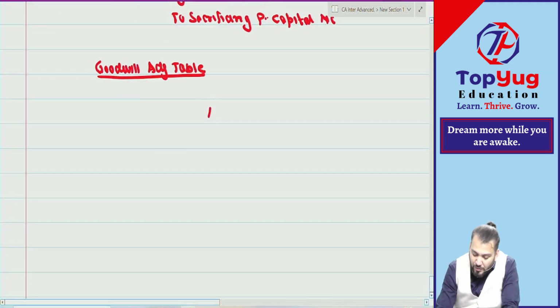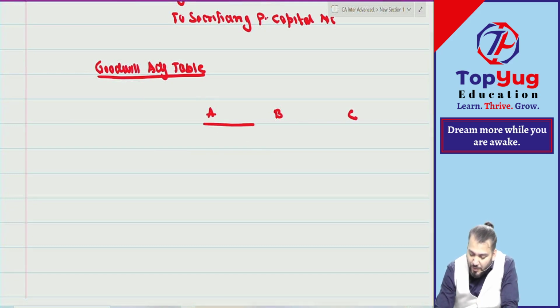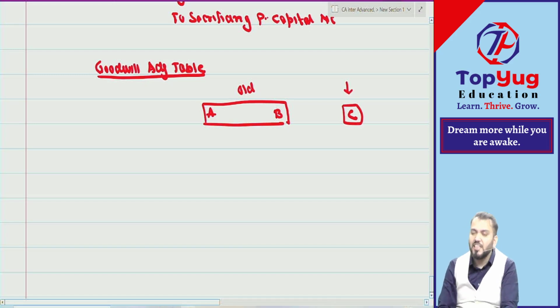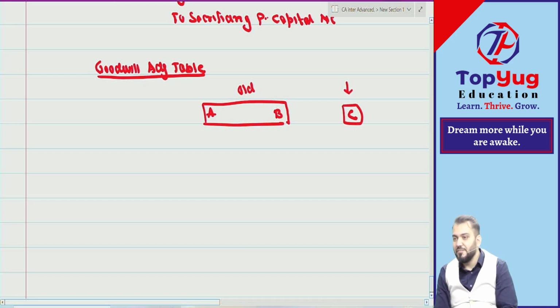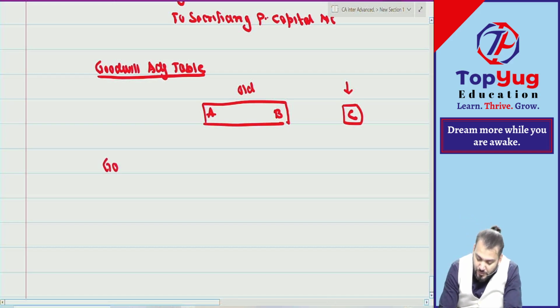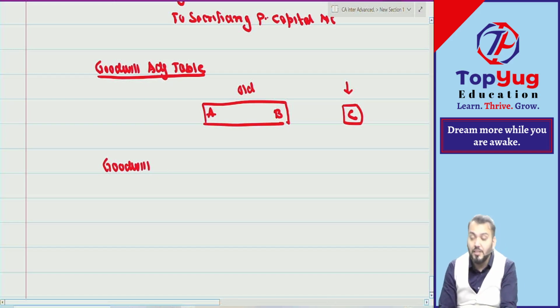So first we write down A, B, C. Suppose A, B are old. Correct? Suppose. And C is an incoming partner. It is a case of what? Admission. Correct? So first what we'll do? Goodwill will be allocated to old partner in OPSR.